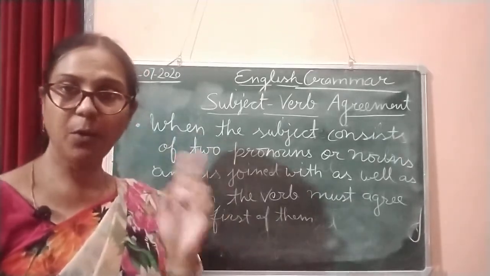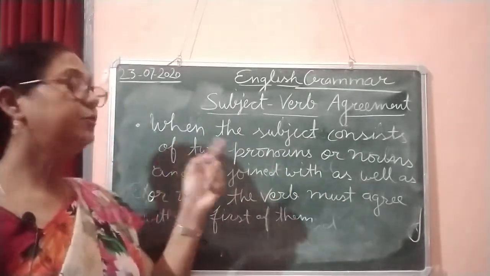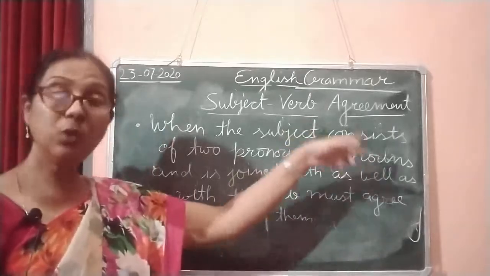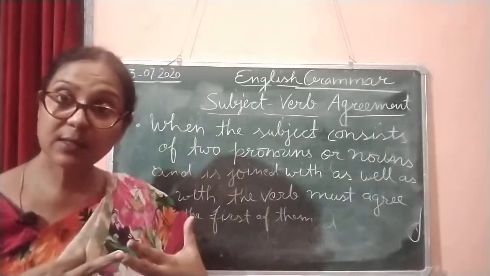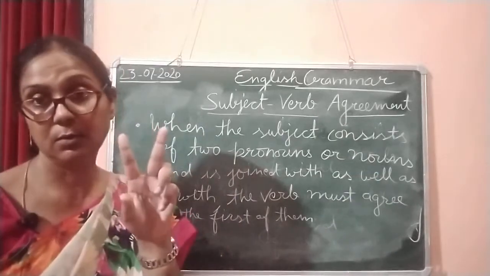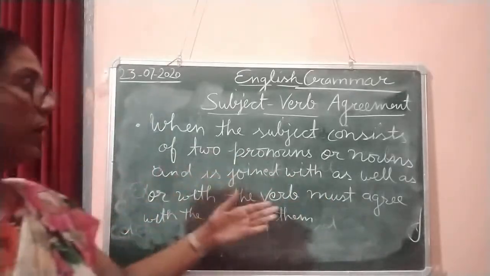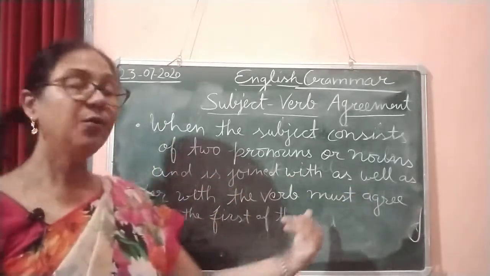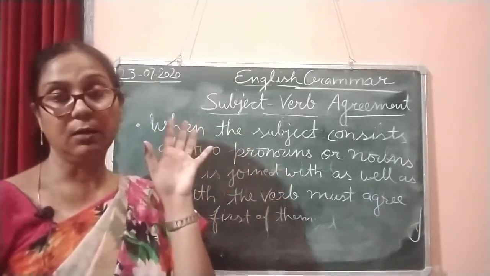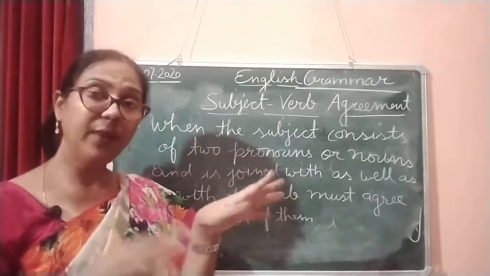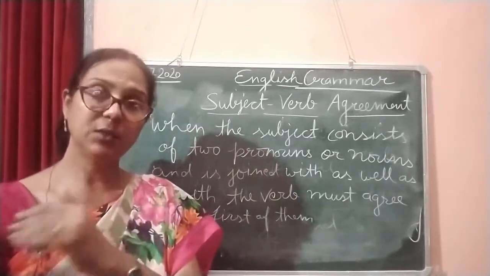Now the second important point. When the subject consists of two pronouns or two nouns joined with "as well as" or "with", the verb must agree with the first of them. For example, the teacher went along with his or her students.